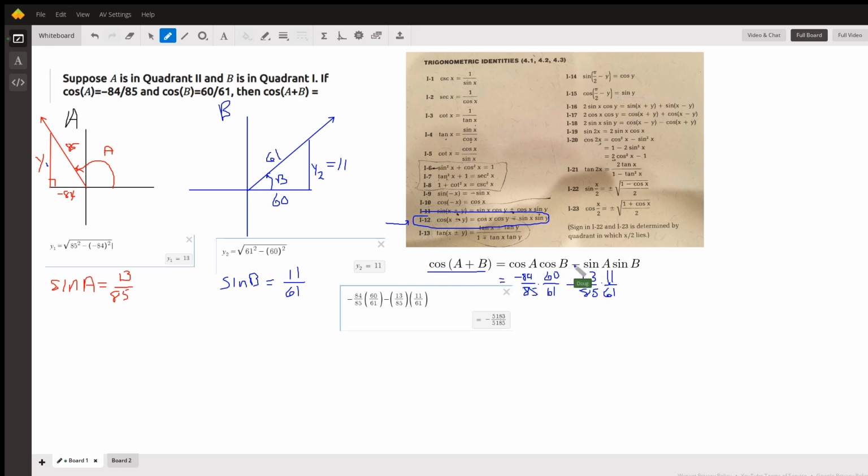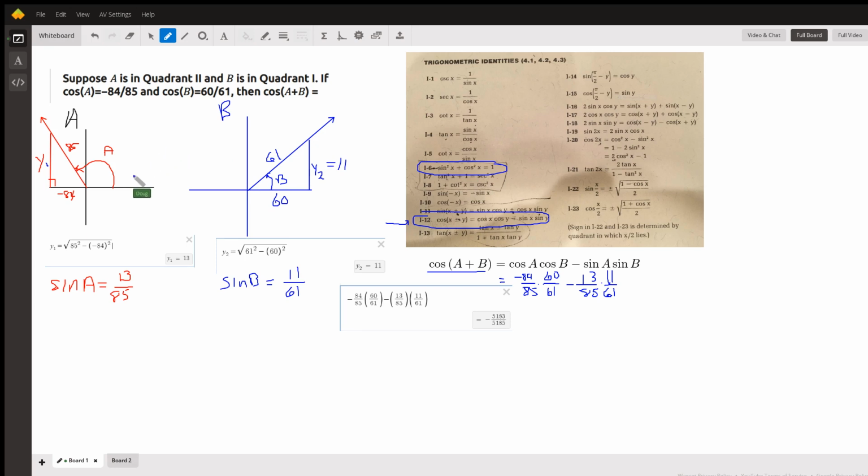So what we have to do, we already know the cosine of A and the cosine of B. Somehow we have to find the sine of A and the sine of B. You could use this identity right here instead of drawing a little diagram and plug in these numbers for cosine and solve that identity for sine.